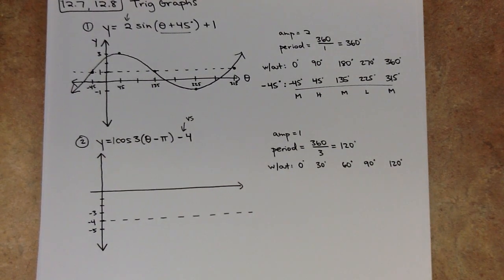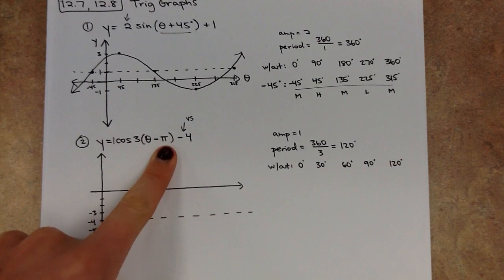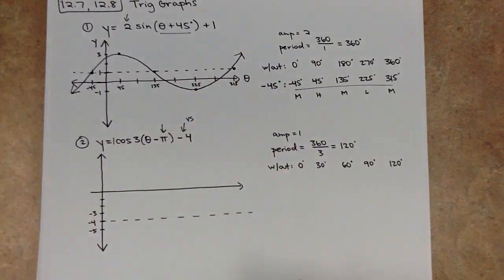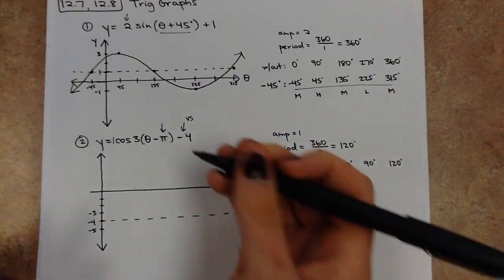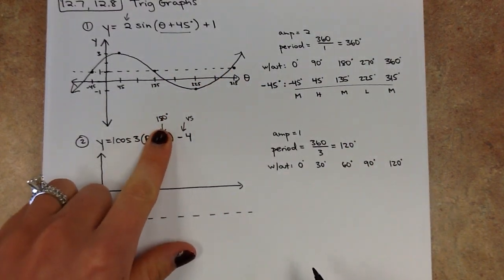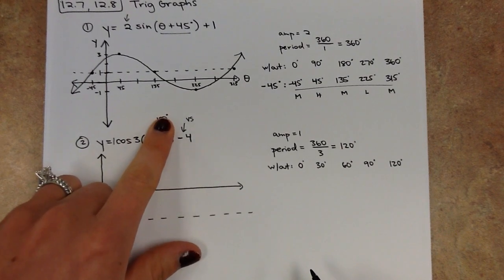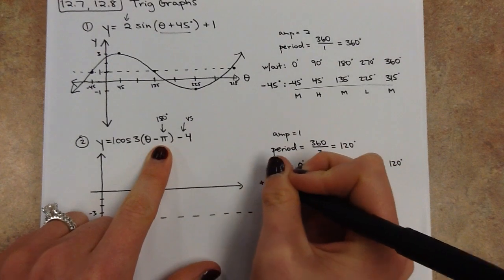Okay? Next, right here. This is the value of my phase shifts. Okay? Minus pi. Pi, if we look at your unit circle, pi is the same as 180. All right, so that is 180 degrees. Minus pi means I'm going minus 180, which is actually the opposite of what you think it's going to do, so we're actually going plus 180.